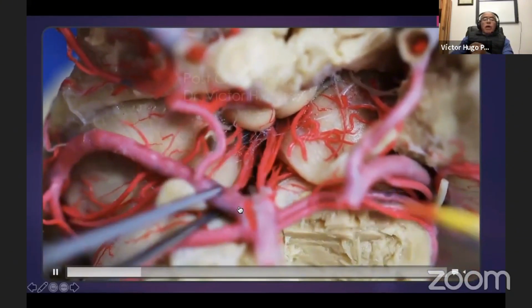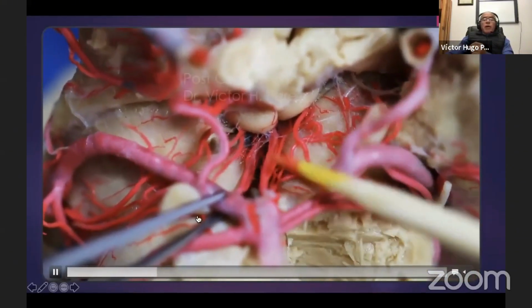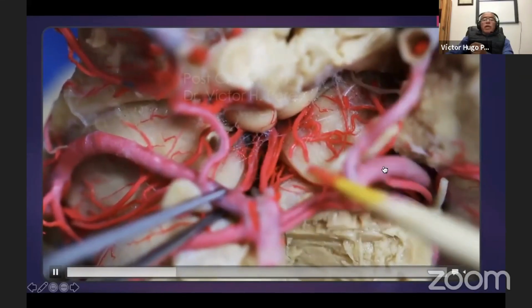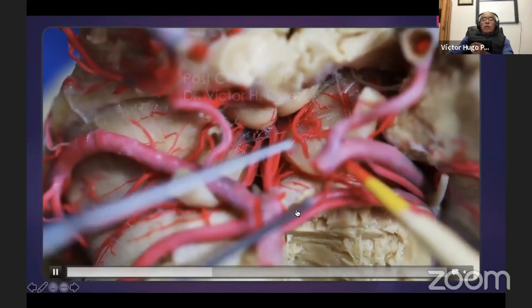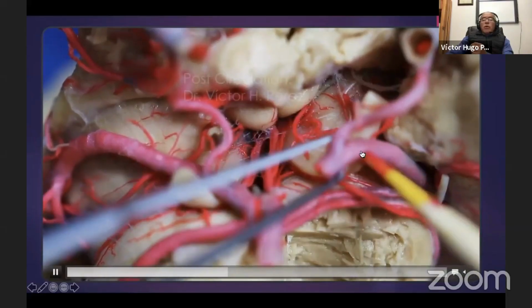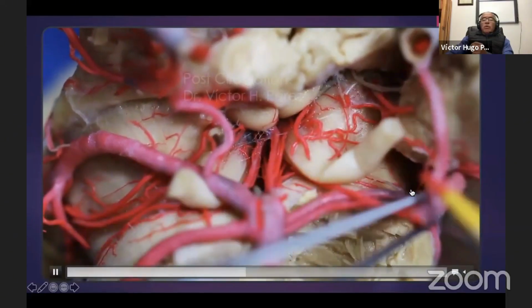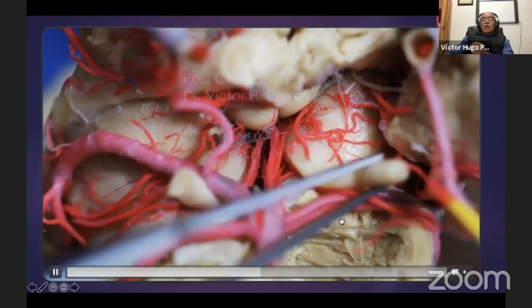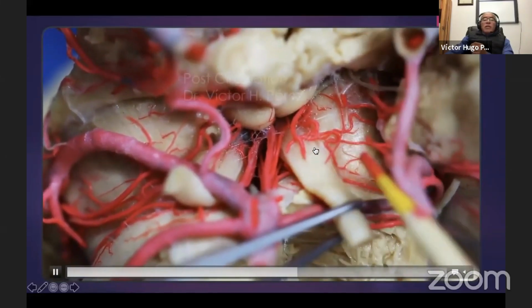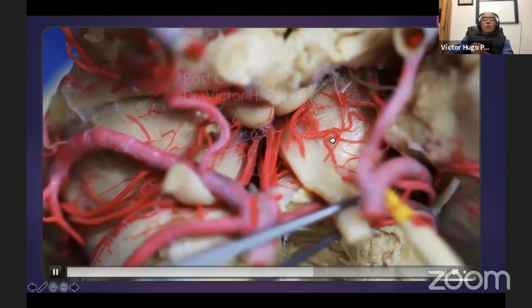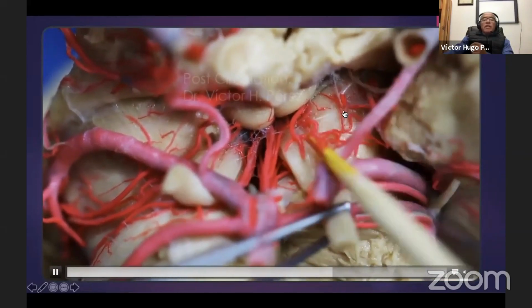Here we have P1, the right side, P2, and oculomotor nerves, and some branches coming from P1 and P2. And here we have some arteries going to the oculomotor nerve and brain stem.